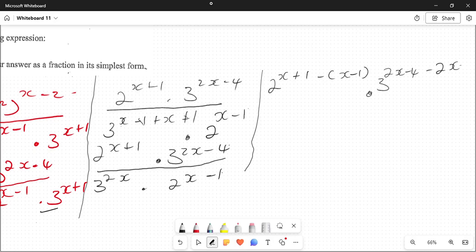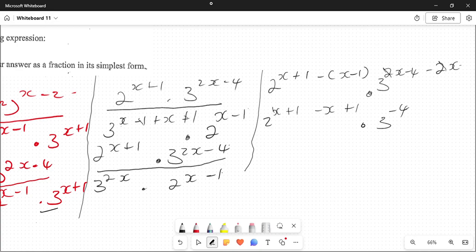Which means it's 2 to the power x plus 1 minus x plus 1, multiplied by this, and this gives us 0, which means it's 3 to the power -4.